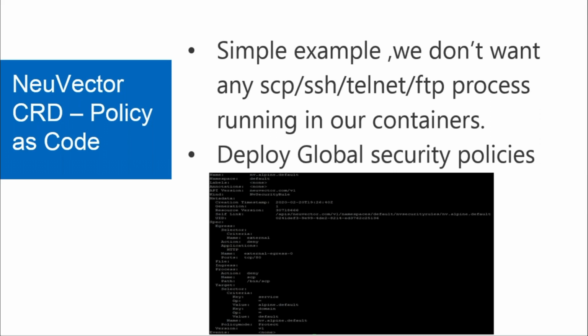At the same time, you should see the second example. We don't allow anybody to SCP from a container to outside, or from outside to any of our applications. And this is done at the cluster level, at a global level. This is not at each application level. So we know that we have defined policies, we define processes. This is only allowed.